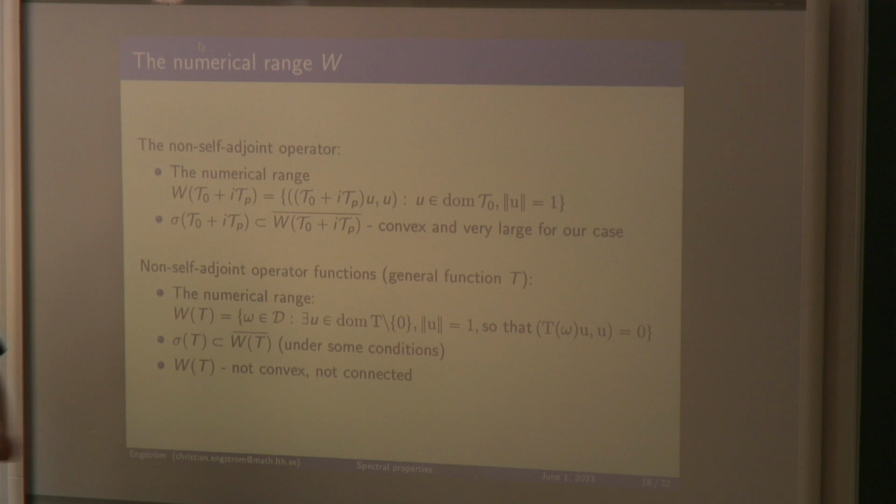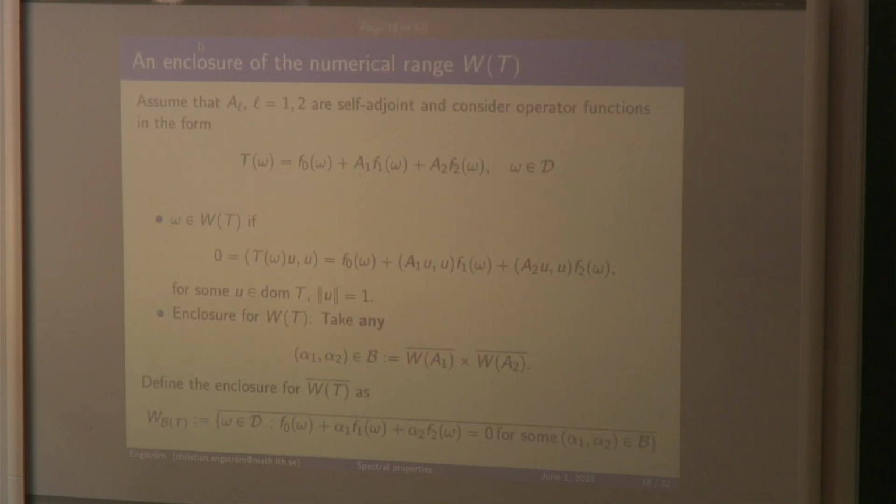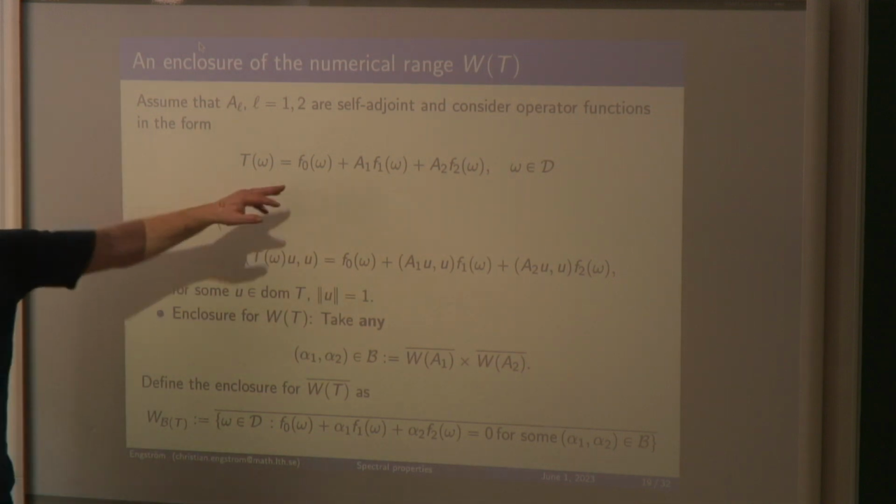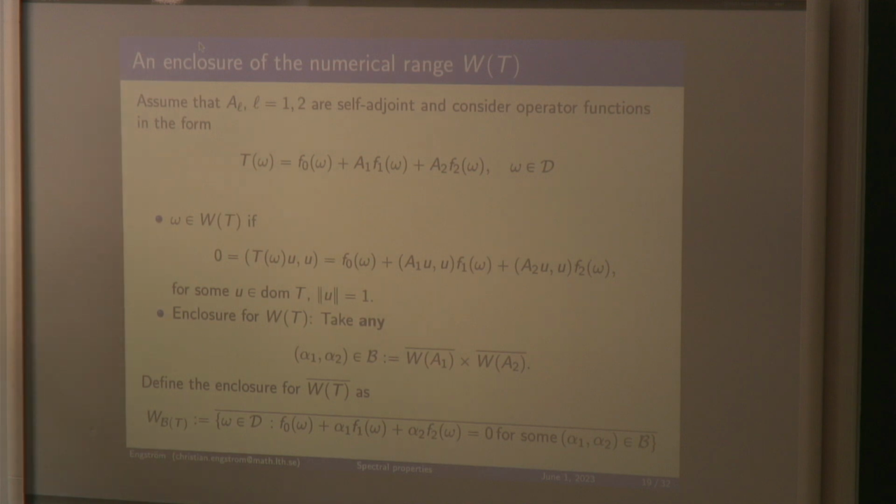It will not be some big blob that is convex, but it may not be connected or so. So it might give you some more information. Okay, so this is for a kind of general case. That's why I use a different notation here. But I think it's maybe easier to think about it in a general case.